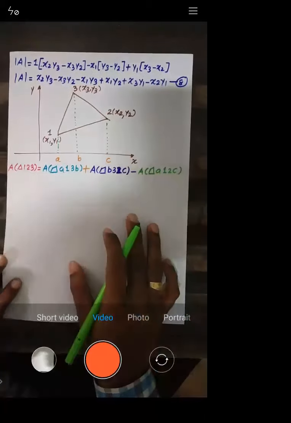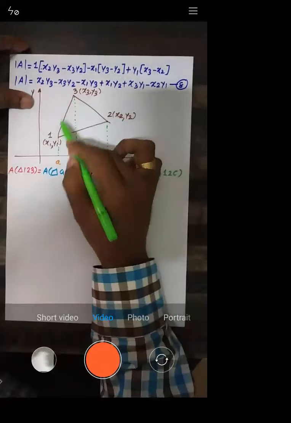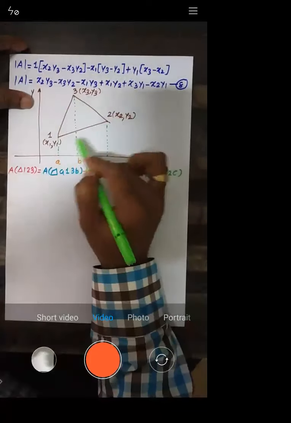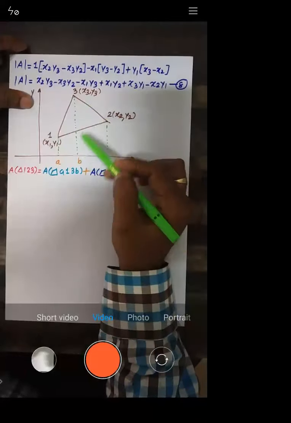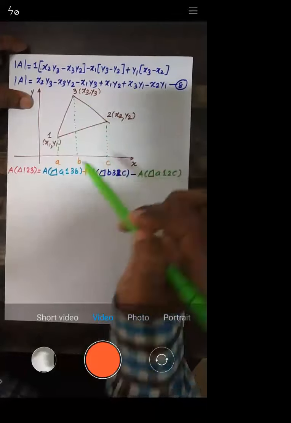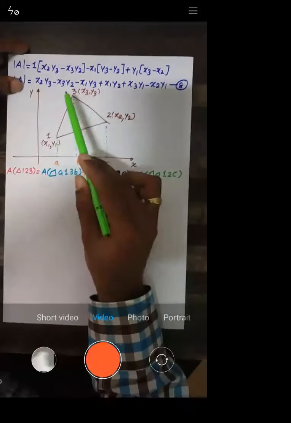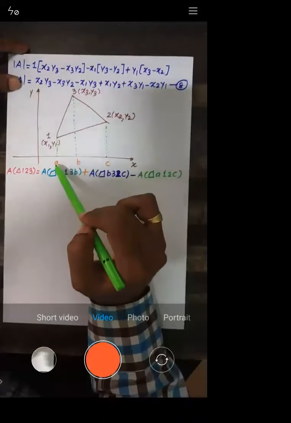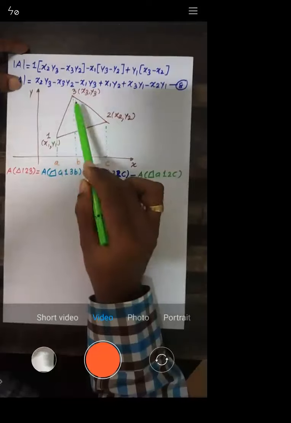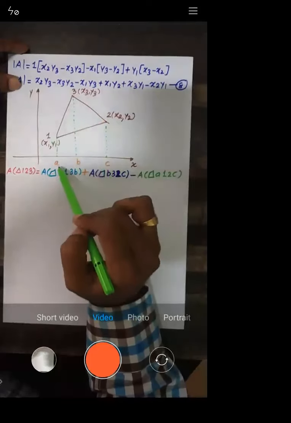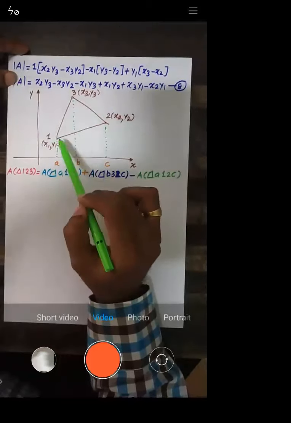I repeat: to calculate the area of triangle 1, 2, 3, we add the area of A13B plus the area of B32C minus the area of A12C. When you do that, we'll get the area of triangle 1, 2, 3. Is that okay?